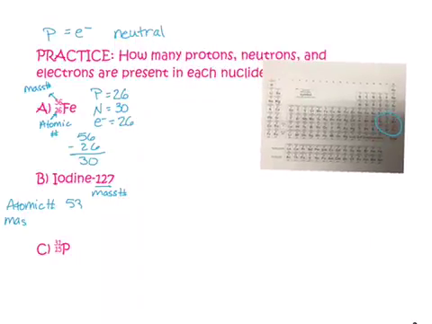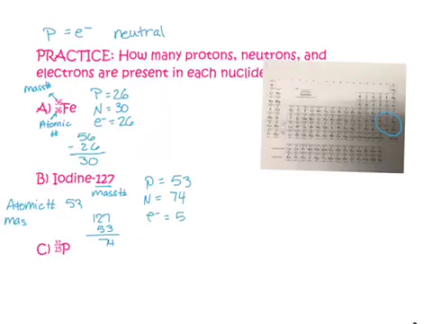So from here, we can say the number of protons is 53. Our number of neutrons will be 127 minus 53, so 74. And lastly, our number of electrons will equal the number of protons.